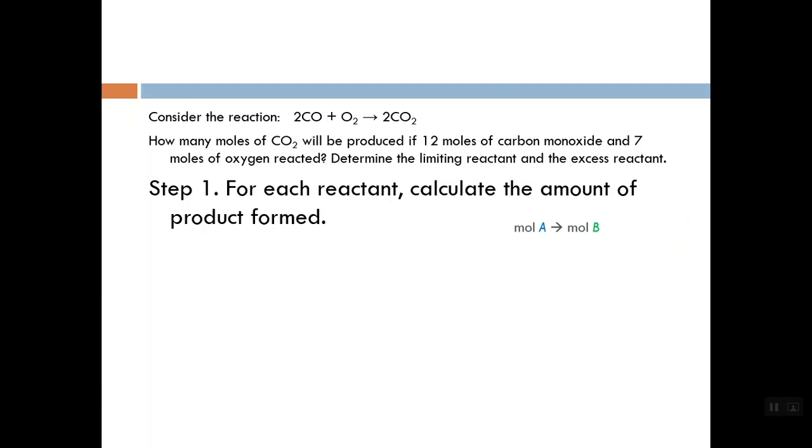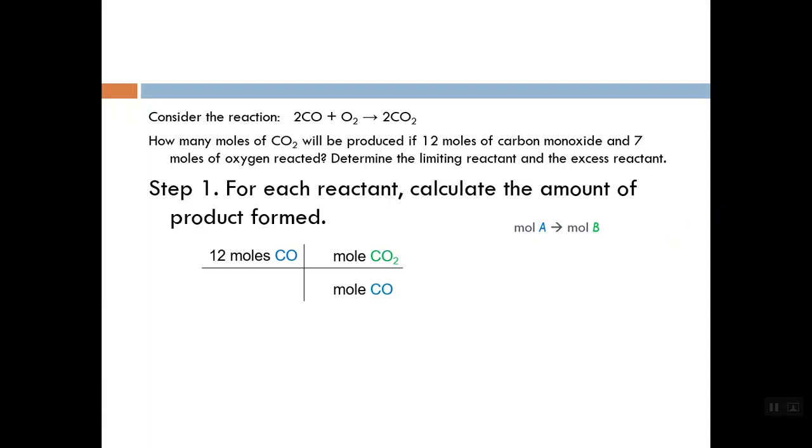Okay, so let's go ahead and set up our first part of the problem. We are going to start with 12 moles of carbon monoxide. So let's set up the top part of the fence. So we need moles of carbon dioxide on top, and we are going to replace that with the fence. Copy down the unit, moles of CO. And remember what this is, moles of one thing over moles of another.